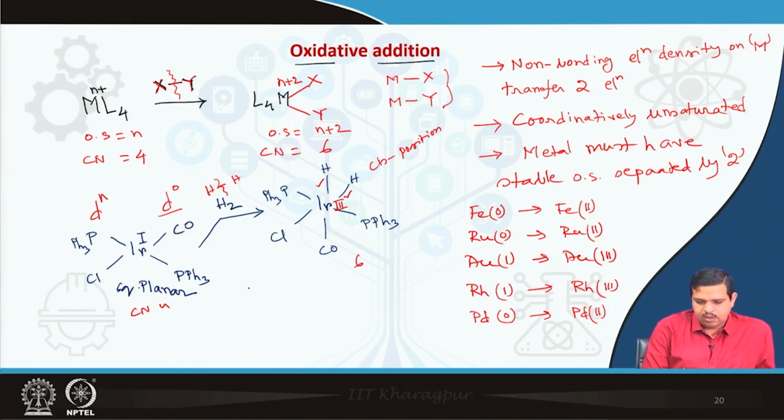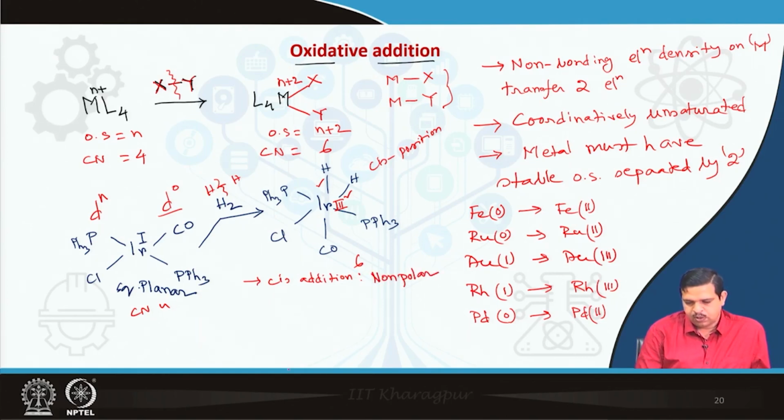So, cis addition is for non-polar substrates, and the trans addition is for polar substrates.